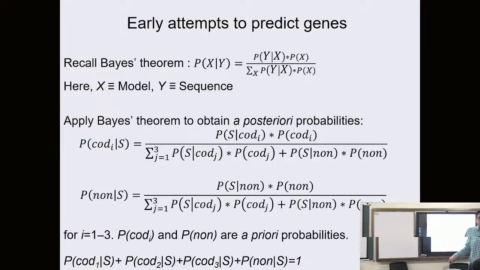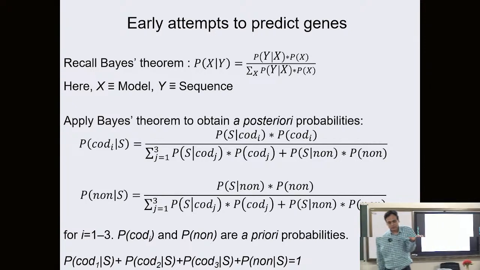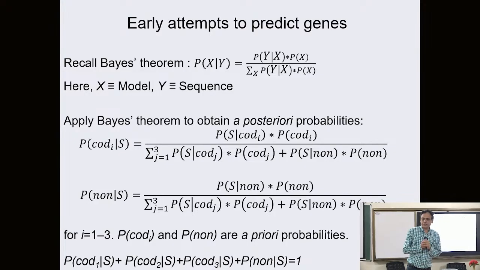Let us say, again with the DNA sequence example, that I have a sequence, and we know that bacterial genomes are packed with coding sequences. About 90% of a bacterial genome is coding, only about 10% is non-coding.